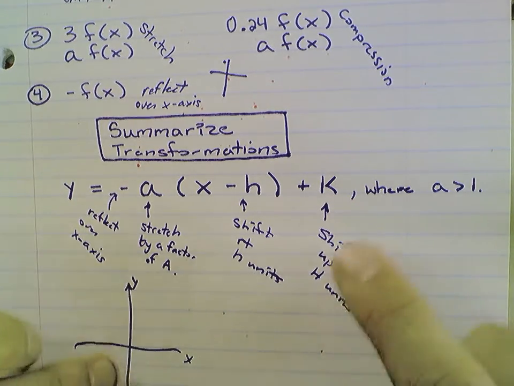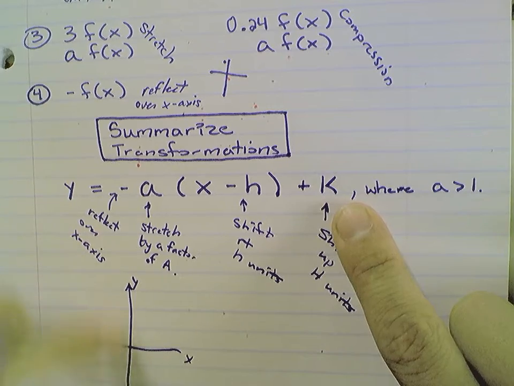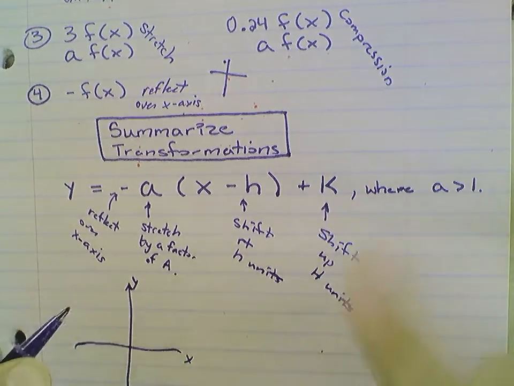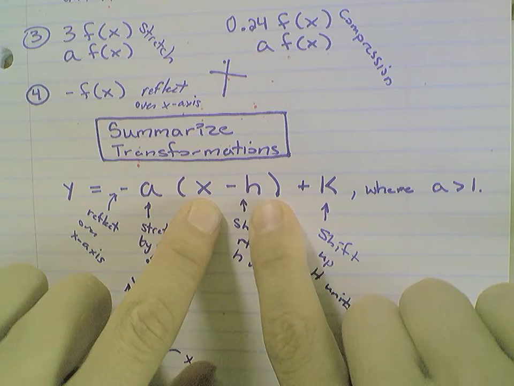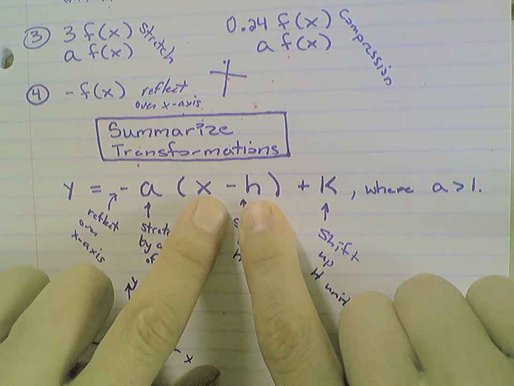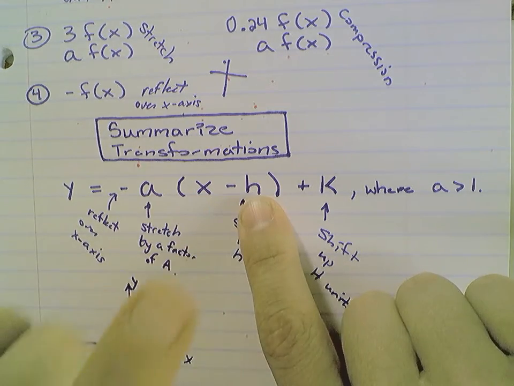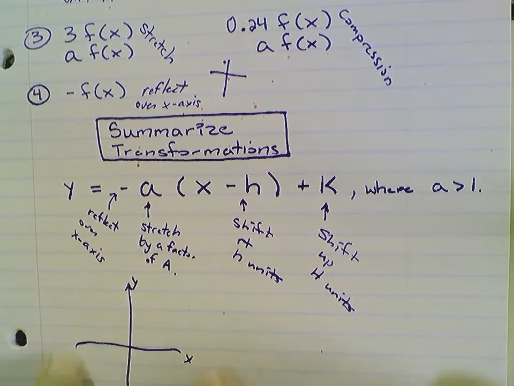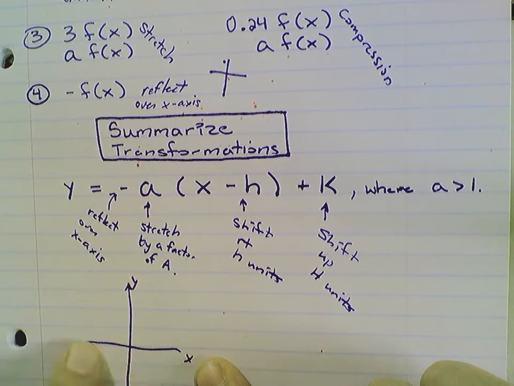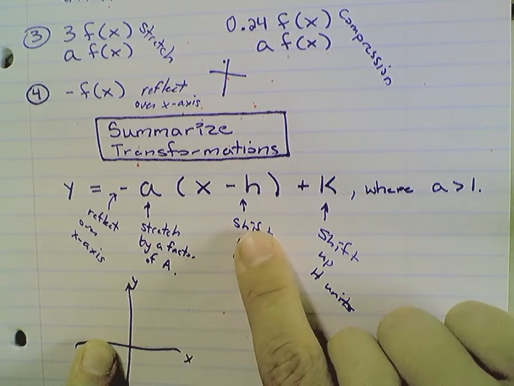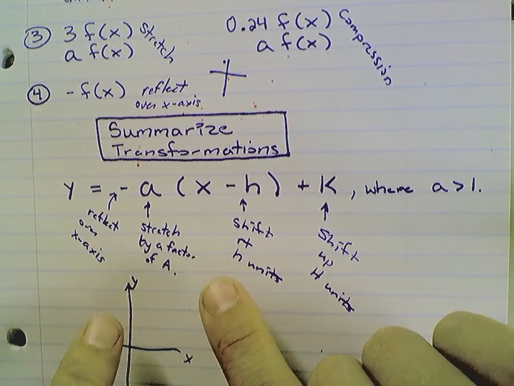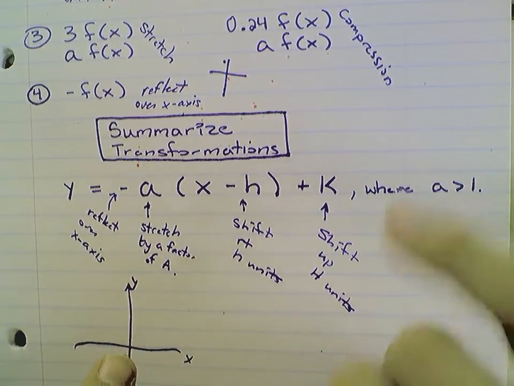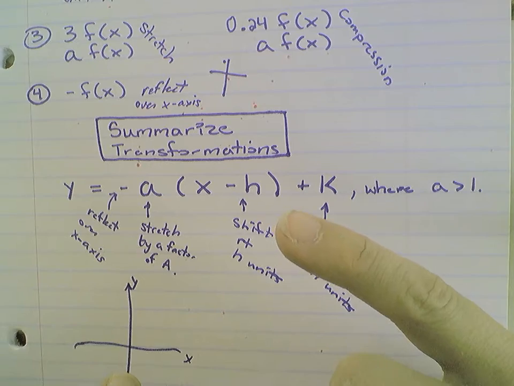So if k affects the y and the y is the vertical axis, k is what shifts me up and down. You'll notice that h is on the inside and x is on the inside. So if h is affecting x, and x is my horizontal axis, then h is what's affecting my horizontal. Okay, so k affects me vertically, h moves me horizontally.